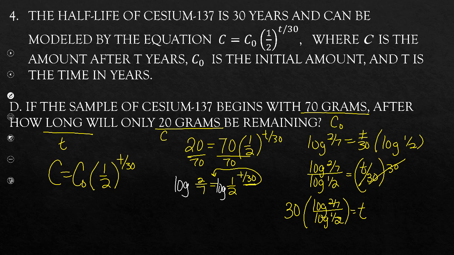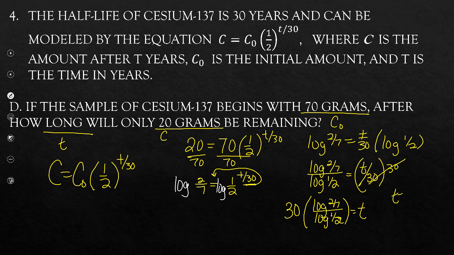Again, it should definitely be over 30 years because we started with 70 grams and we are down to 20 grams. So I'm typing this in, log of 0.5, and let's see what we get.